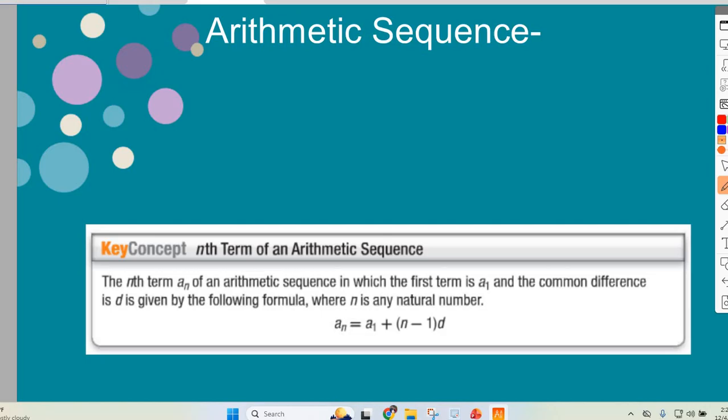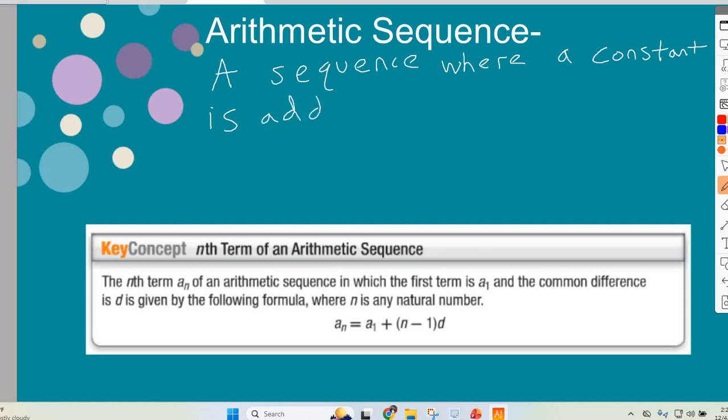So our arithmetic sequence is a sequence where a constant is added to each term to get the next term.